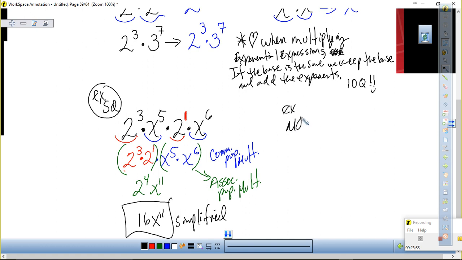Example, mega Q. Do this one by yourself. A to the 3rd times A to the 7th times A to the negative 8.